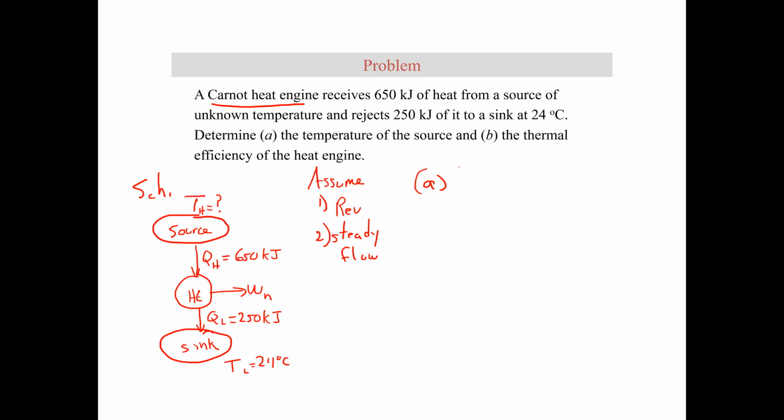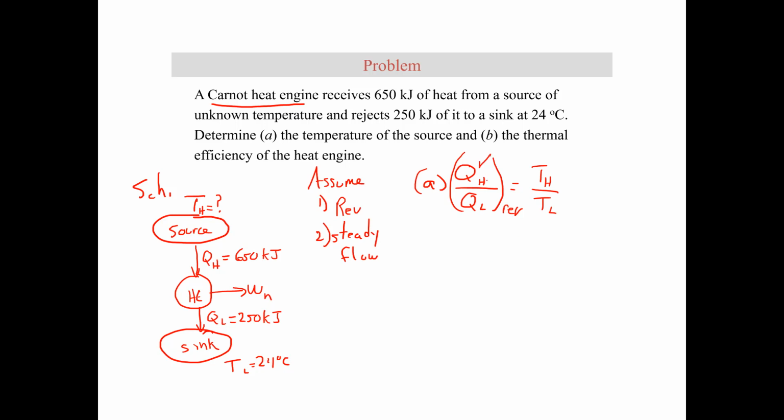If you remember from earlier, we showed that for a reversible cycle, and a reversible cycle only, which this is because it says it's a Carnot heat engine, the heat I accept over the heat rejected from the cycle has to equal the ratio of the absolute temperature of the hot source over the sink.